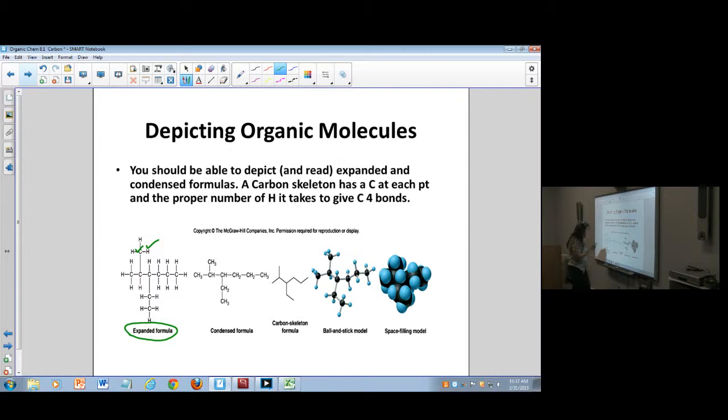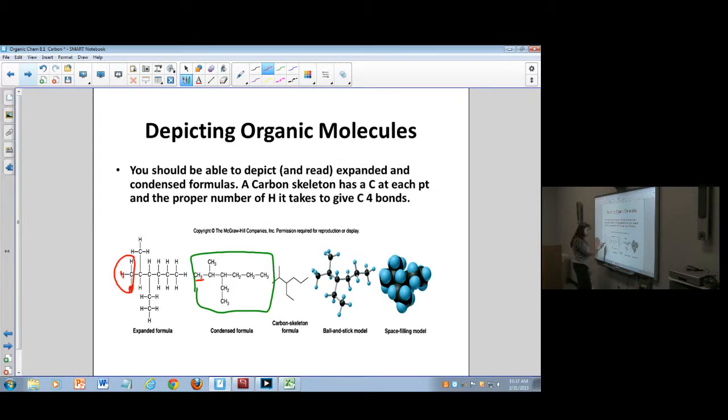After you've learned how to do your expanded formula, or even before, you should be able to read the condensed formula. So the condensed formula tells me, based on this structure for a moment, that this group right here is a CH3. You'll see it's bonded to 3 carbons.